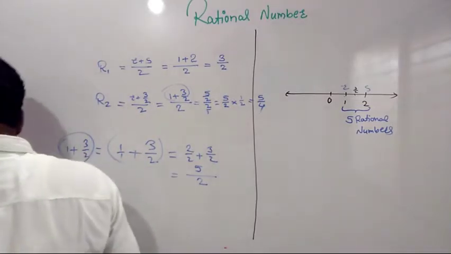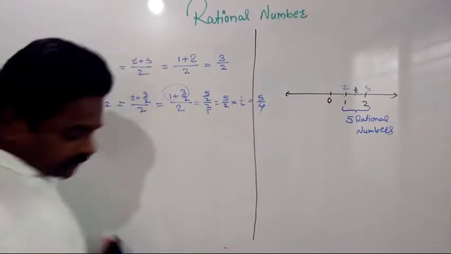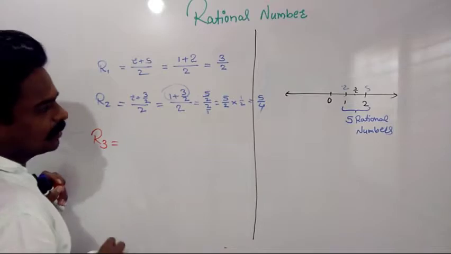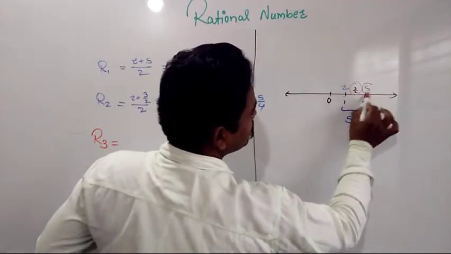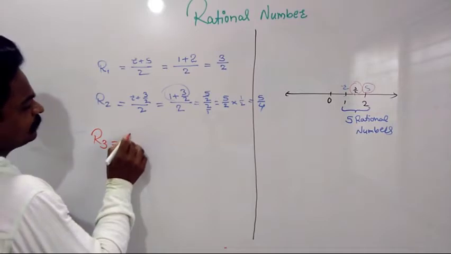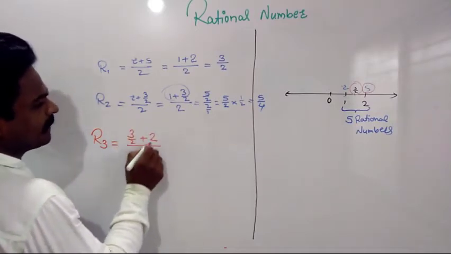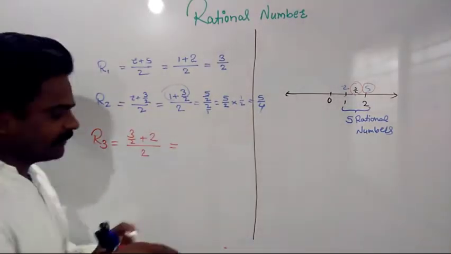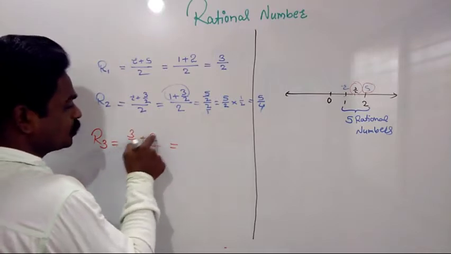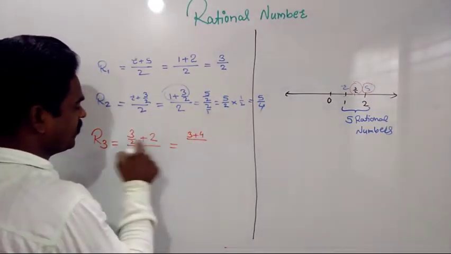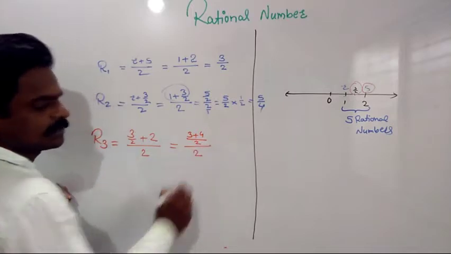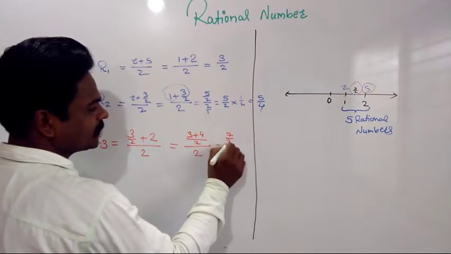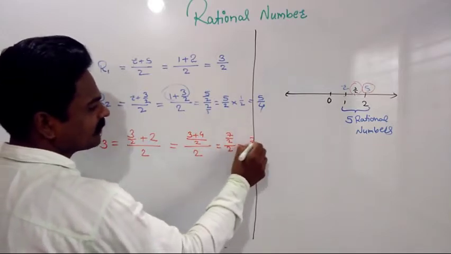Okay, fine. Then how can we find the third rational number? The third rational number R3: now take this as R and this as S. So it becomes 3 by 2 plus 2, divided by 2. 2 twos are 4, so 3 plus 4 divided by 2, divided by 2. 3 plus 4 is 7, so 7 by 2 divided by 2 becomes 7 by 4.